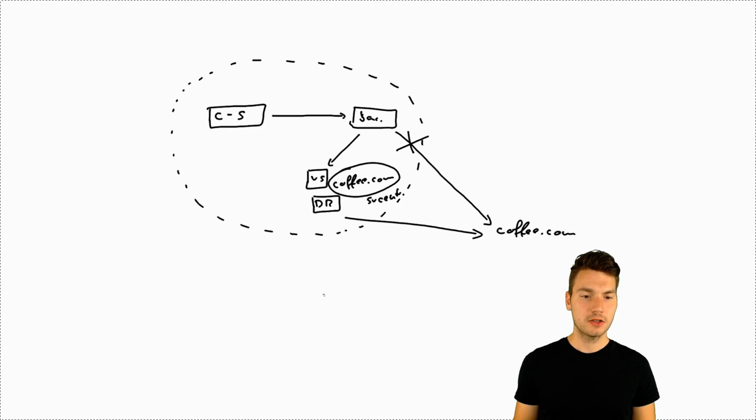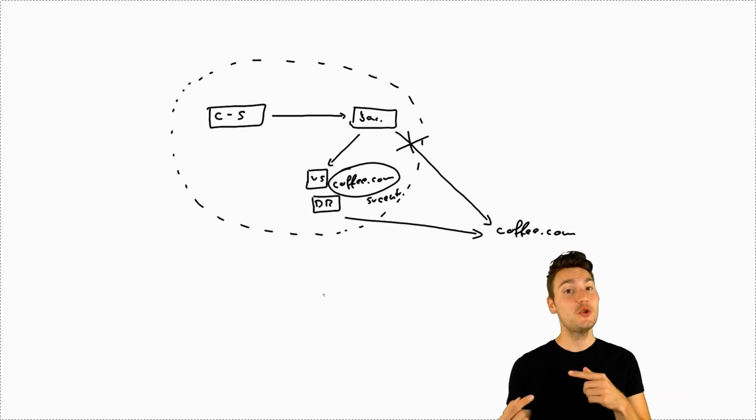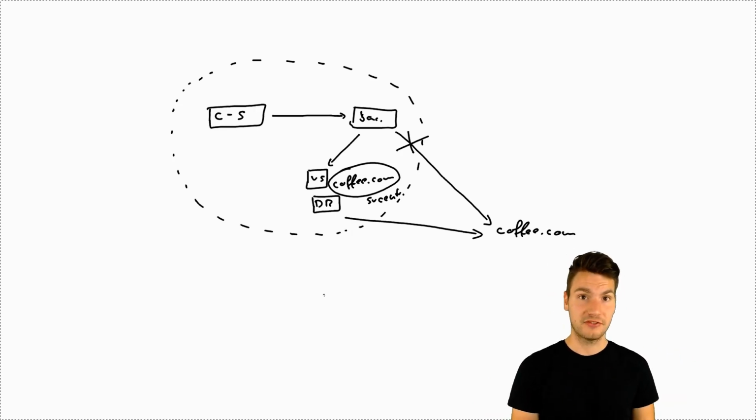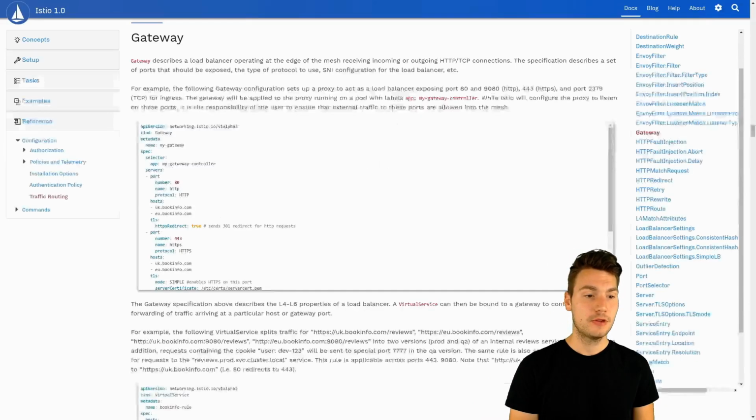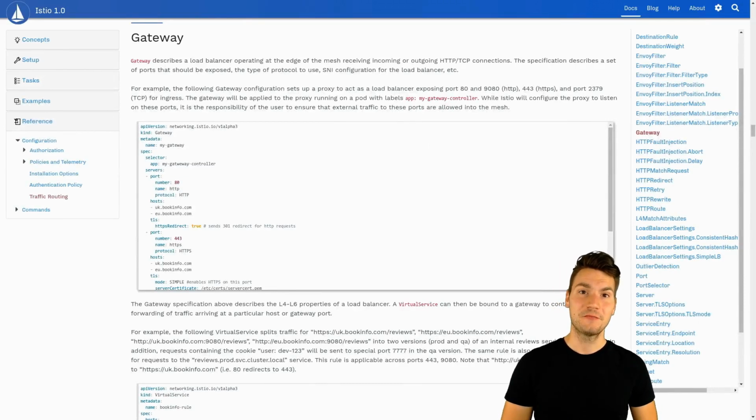So now we covered quite a bit, but one question remains: how to route traffic into our cluster, ingress traffic, right? So we have another type that is called gateway. Usually in Kubernetes, we use Kubernetes ingress resources, right? We use ingresses that are deployed to an ingress controller and they route traffic into our cluster.